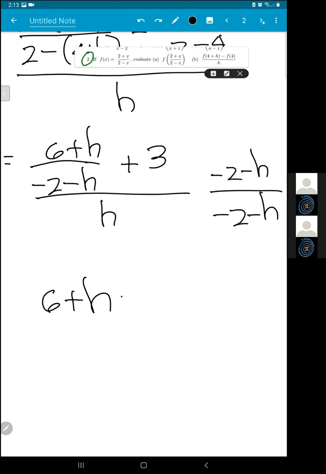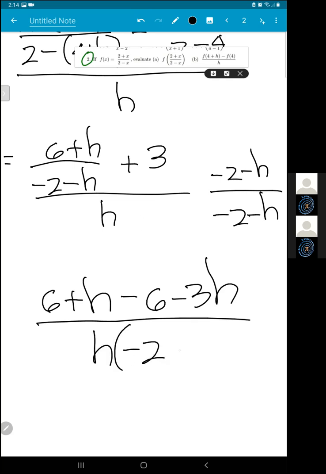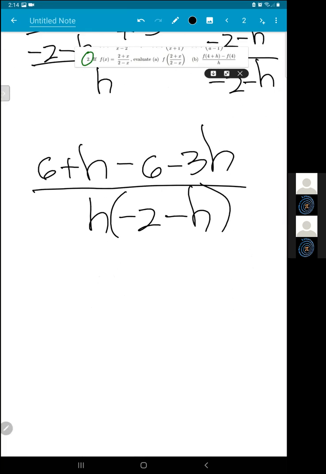So you'll have minus 6 minus 3h for this one. And then I will just leave the denominator for now as a product. The reason for that is a term will eventually cancel out. If not, then you would just have to distribute.